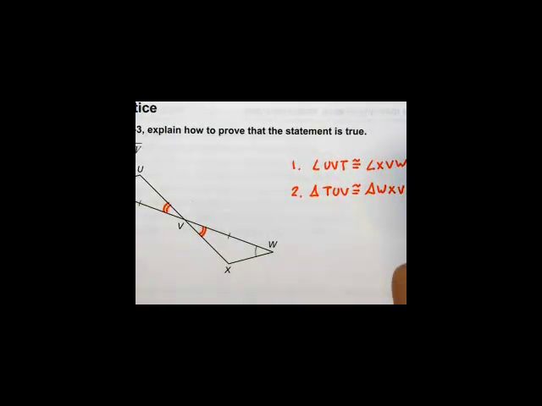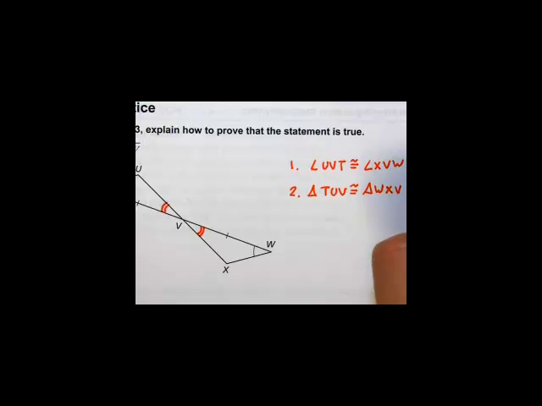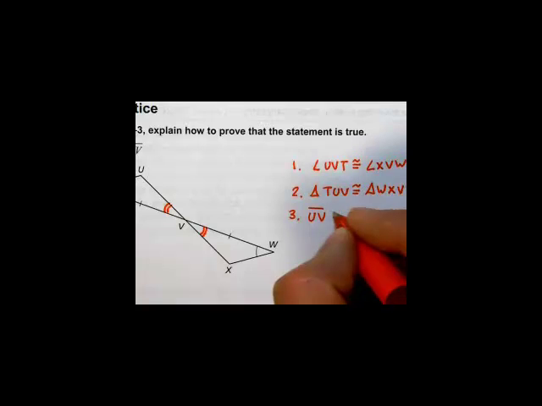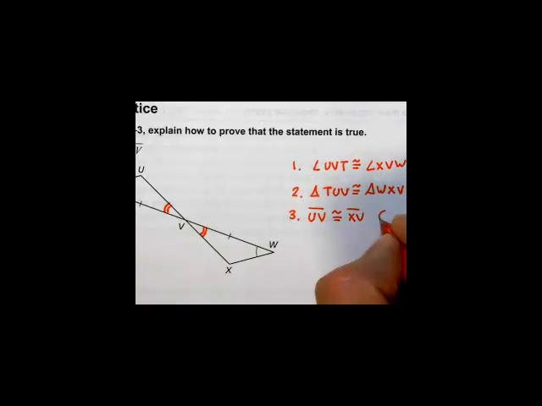And how do I know that? Angle, side, angle. And then the last one, then I can do UV is congruent to XV because of CPCTC.